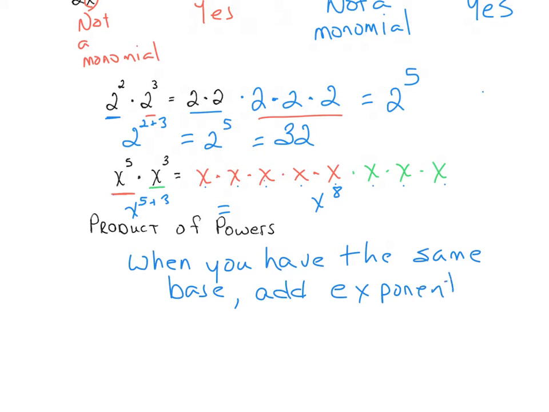And we just looked at two examples that prove that if we have the same base, we add the exponents. For instance, b to the 3rd times b to the 4th would be equal to b to the 3 plus 4, or b to the 7th.